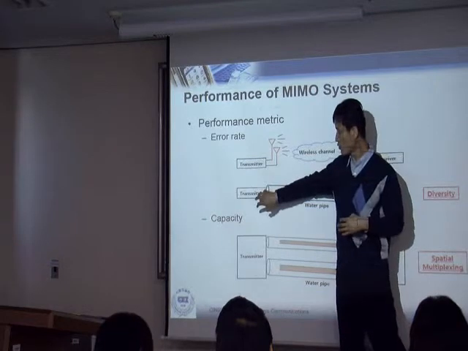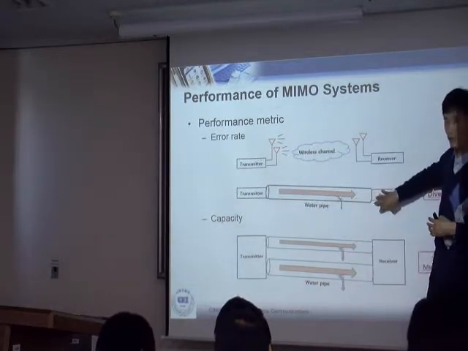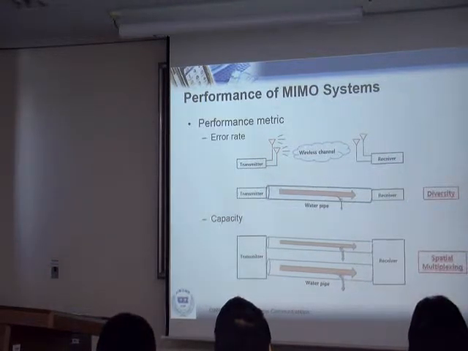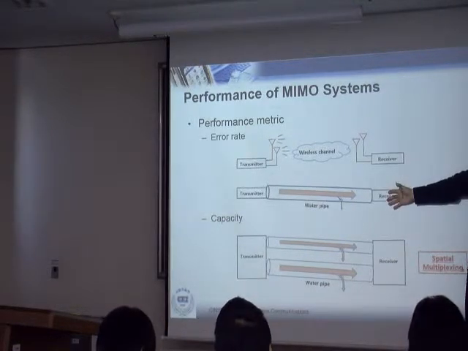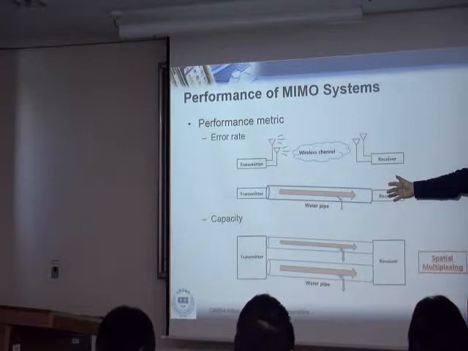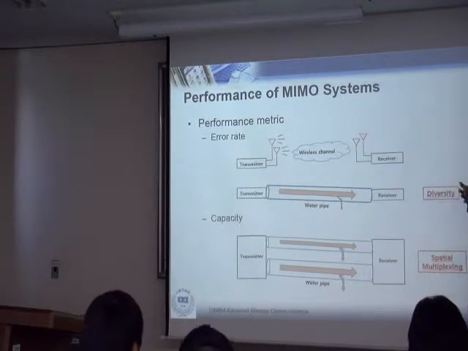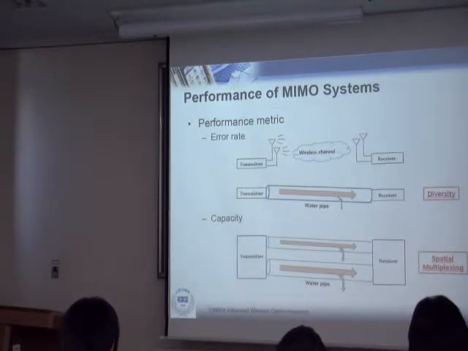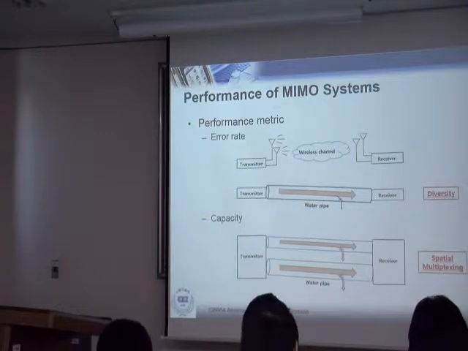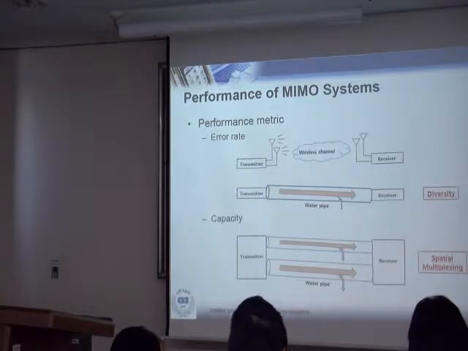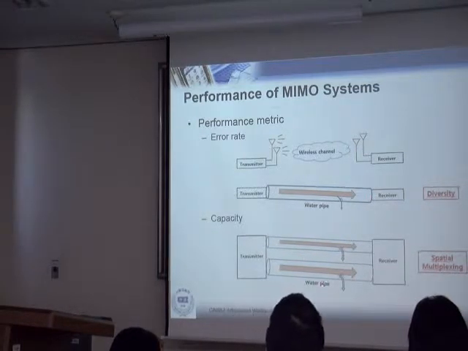How much water I can deliver from the transmitter to the receiver. That's the same as the data rate, the same as capacity, and you should not use capacity as the performance metric in this case. If you want to use capacity as a performance metric, in other words, if you want to increase the capacity, you should not use this way. You should use this way then.